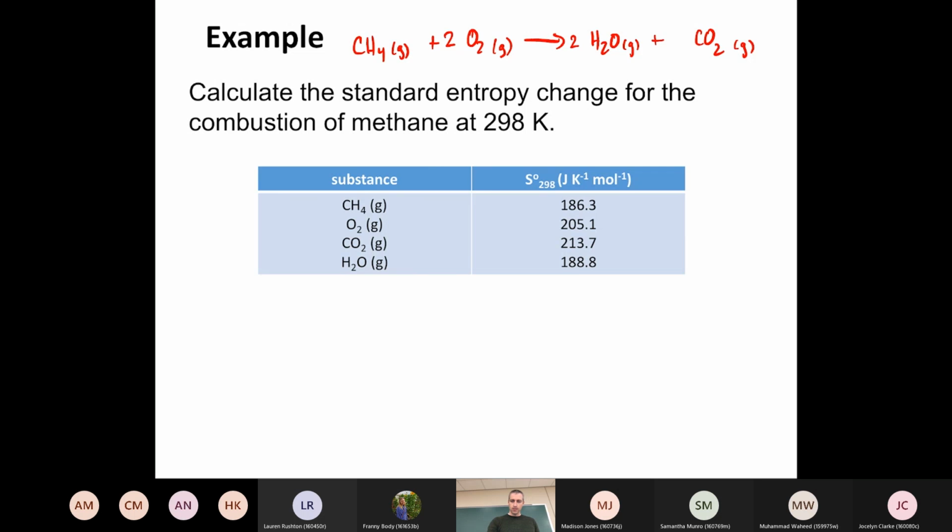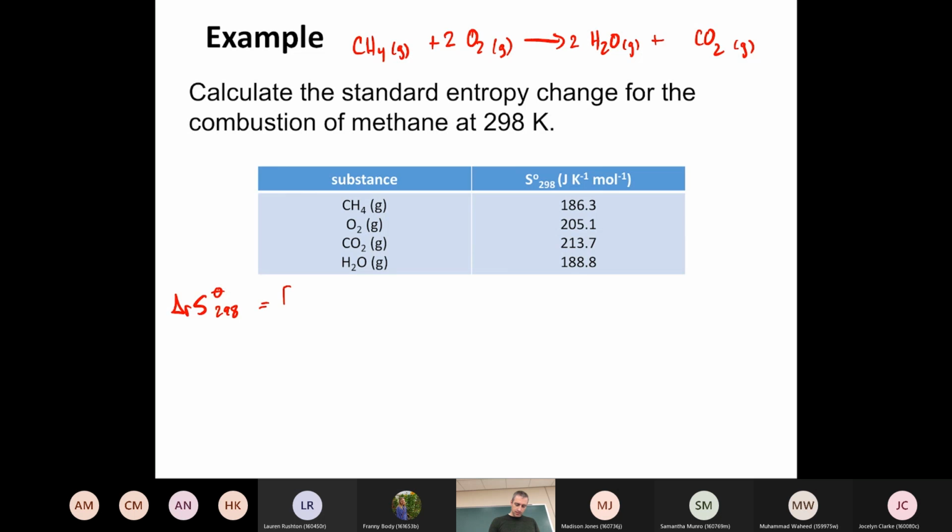Okay, good. So then what we need to do is just add up the sum of all of the delta S for the products.